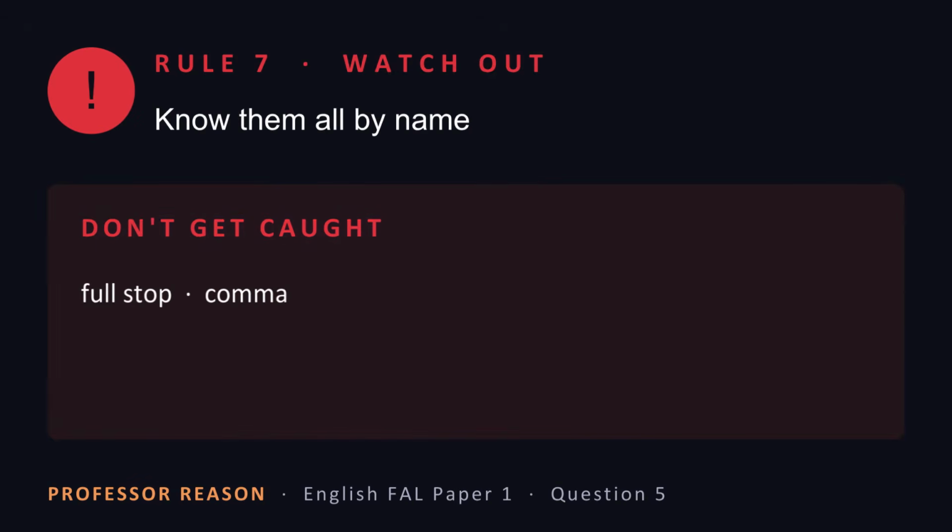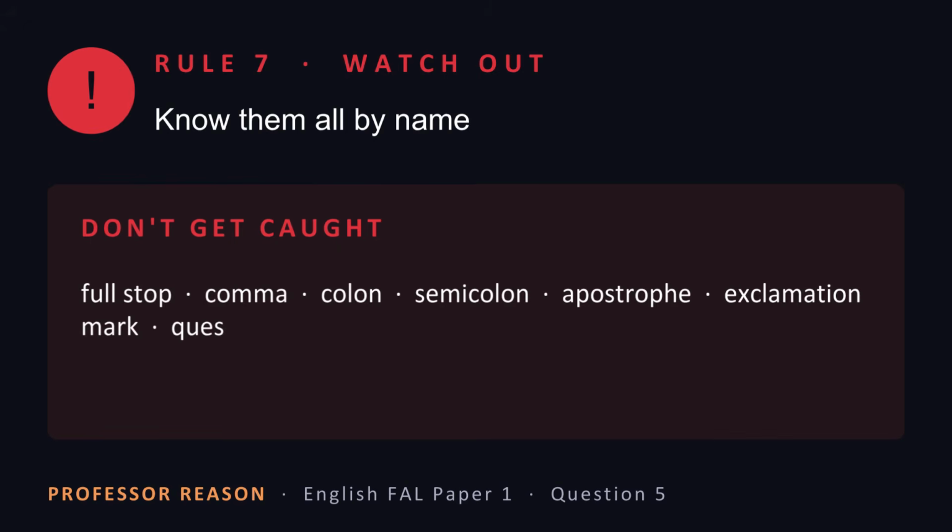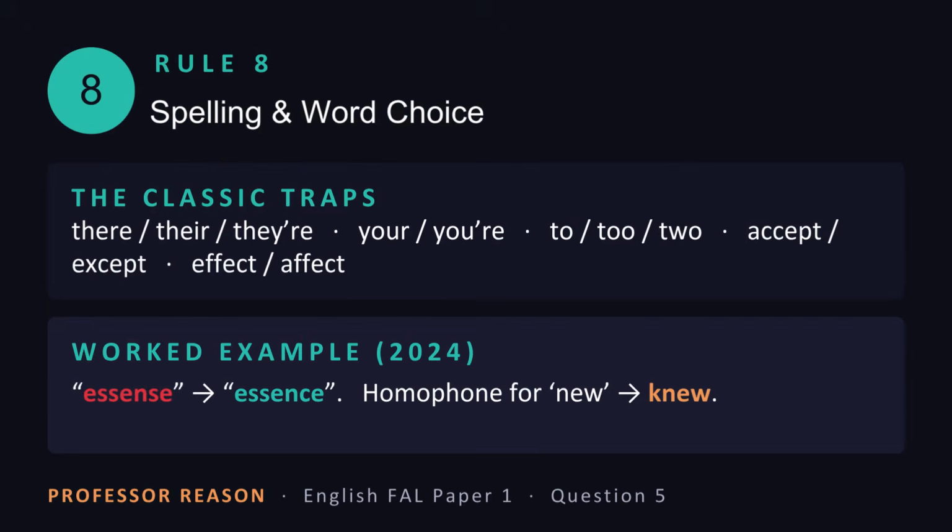And know your punctuation by name, because the paper asks you to identify them. In 2024, learners had to name the mark in wow. The answer? An exclamation mark. Know them all. Full stop, comma, colon, semicolon, apostrophe, exclamation mark, question mark, quotation marks.